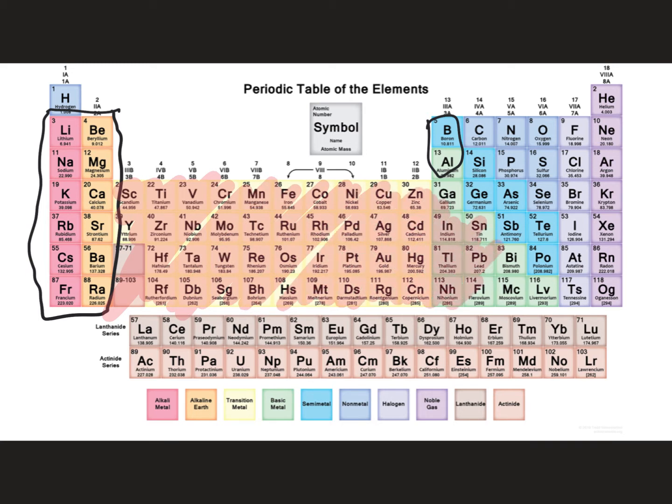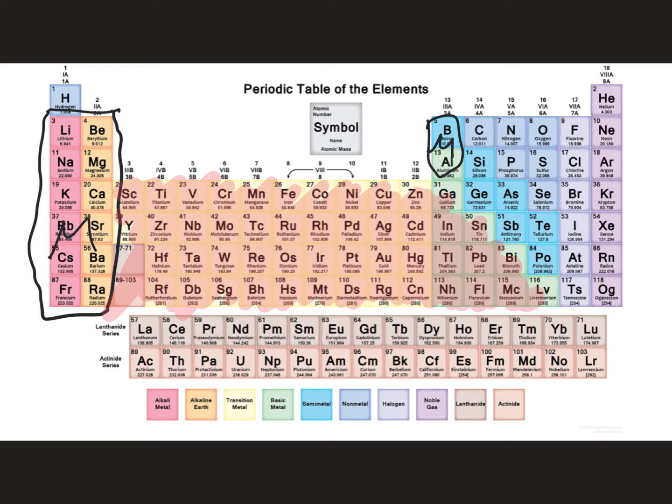And even these in the green here, which are considered basic metals or sometimes post-transition metals, they act more like transition metals, so we're not going to worry too much about them either. So those are our metals. I'm going to put a big M on them for metals.